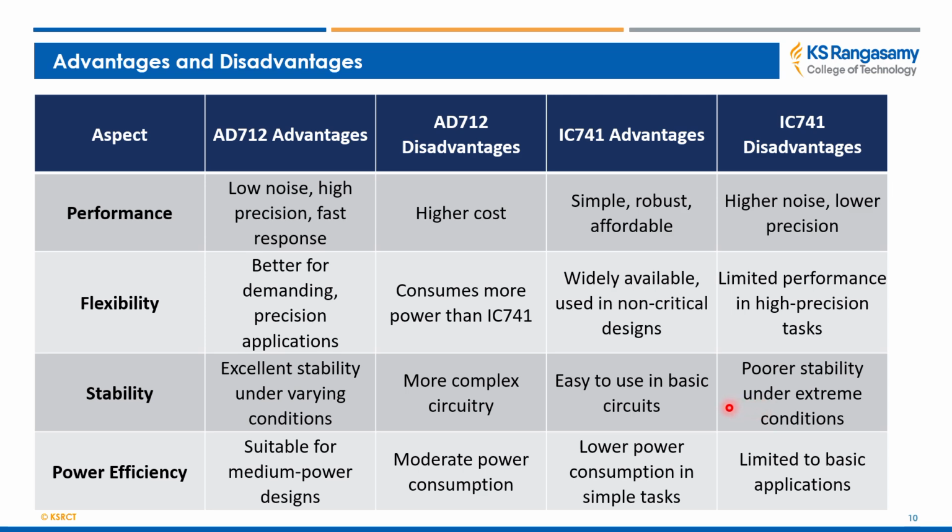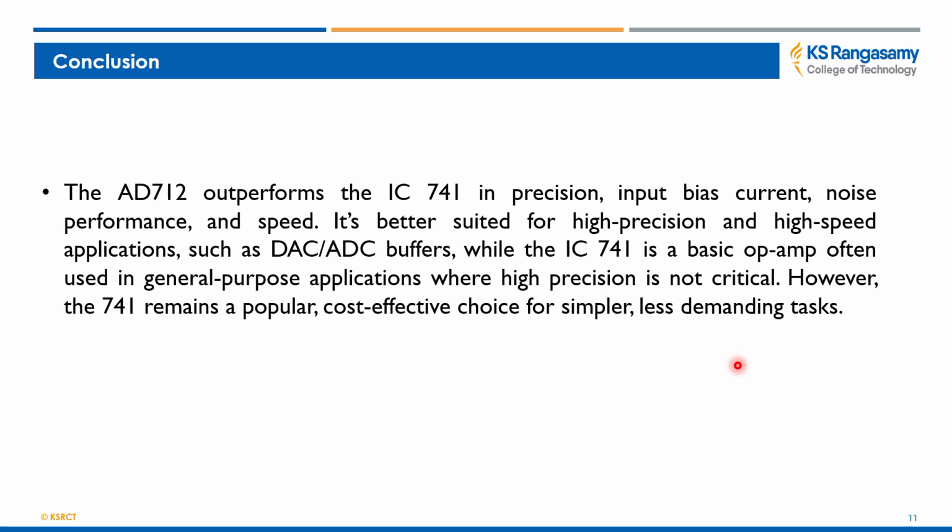Next, we move to the conclusion. AD712 outperforms the IC741 in precision, input bias current, noise performance, and speed. It is better suited for high precision and high speed applications such as DAC and ADC buffers.